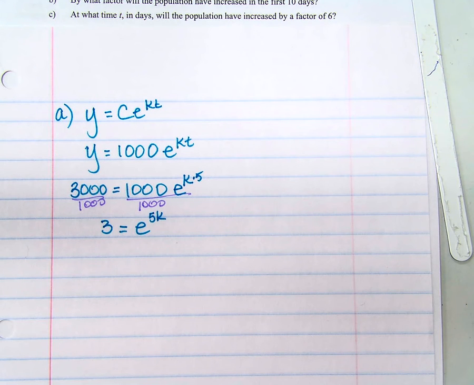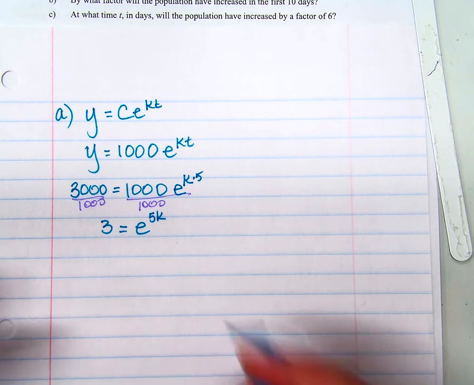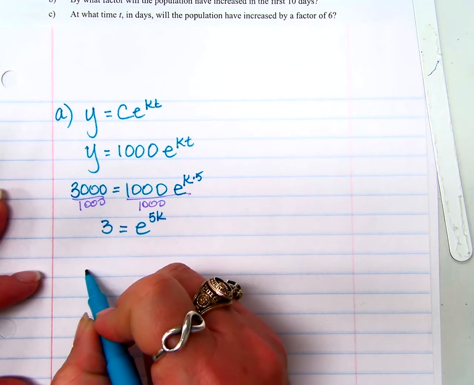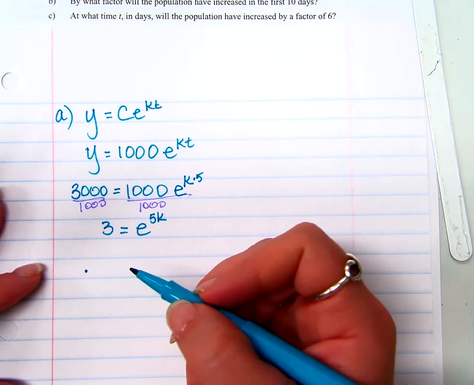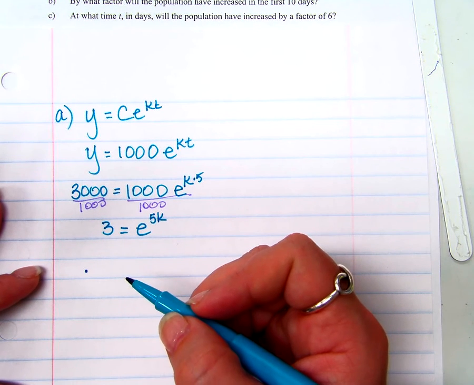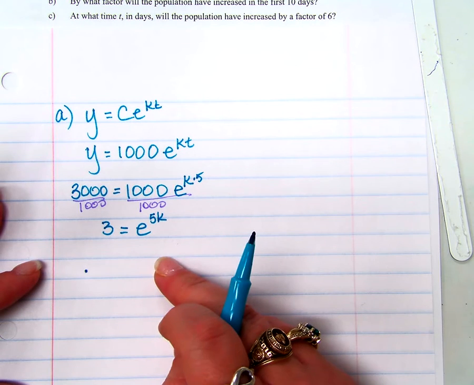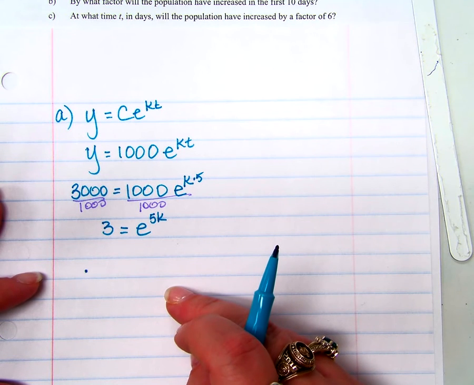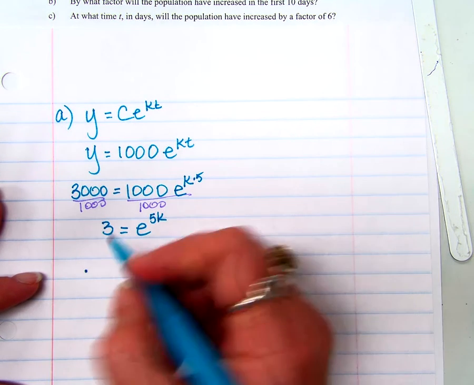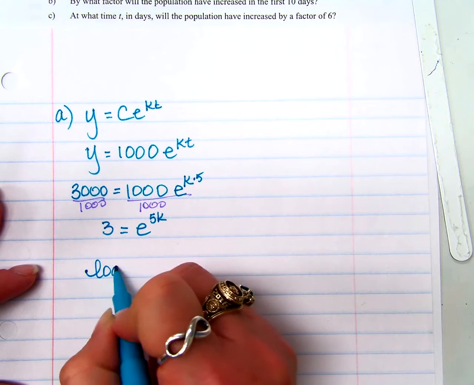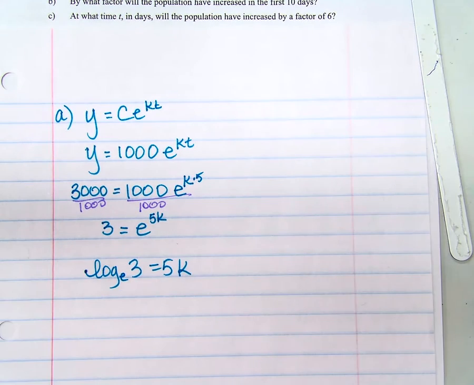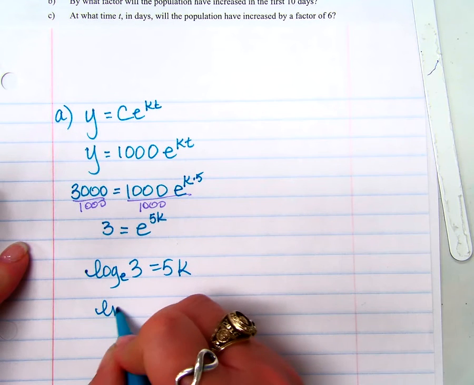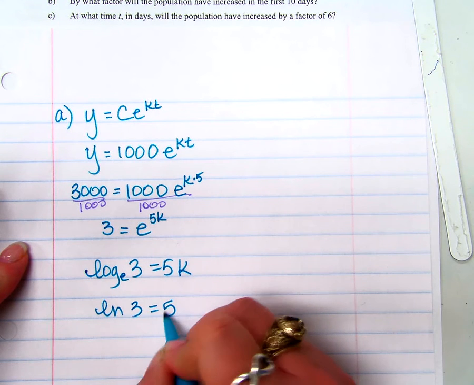Oh, write it in logarithmic form? Very good. What does it look like in logarithmic form? Ooh, somebody can skip a step. Is that what you're telling me? Should I write the step first and then let you know which one you can skip? Okay, so first it would look like log base e of 3 equals 5k. Except what he said was natural log of 3 equals 5k.